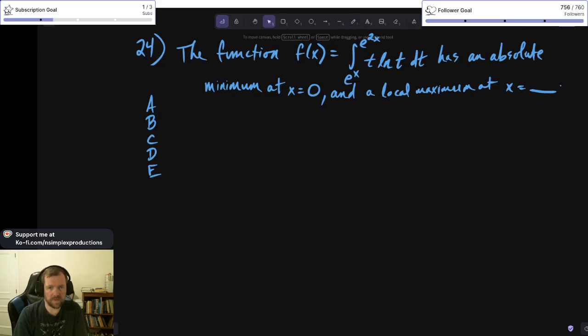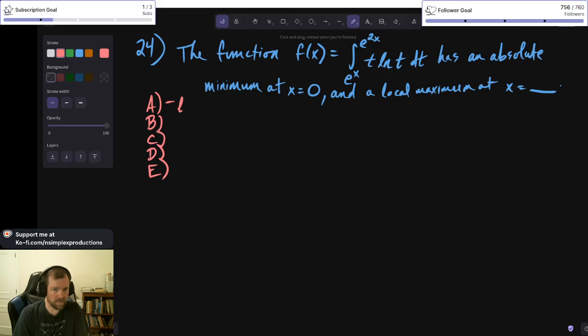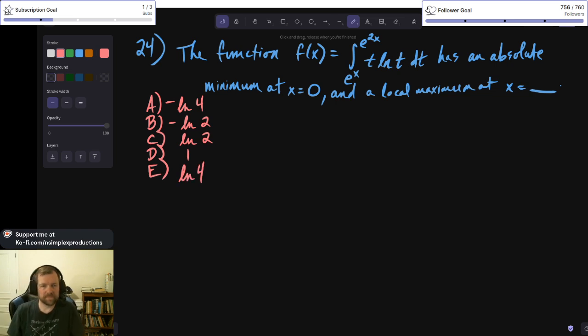So for this, we're going to do our usual. The choices are natural log 4, negative natural log 4, negative natural log 2, natural log 2, 1, or natural log 4. In other words, natural log e.